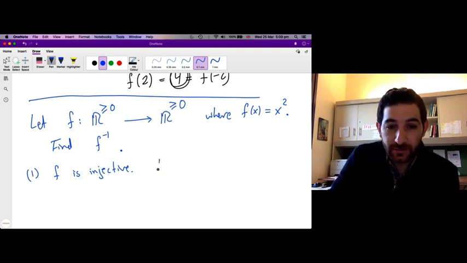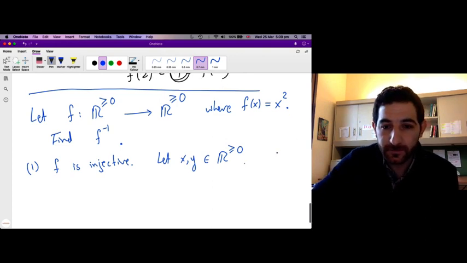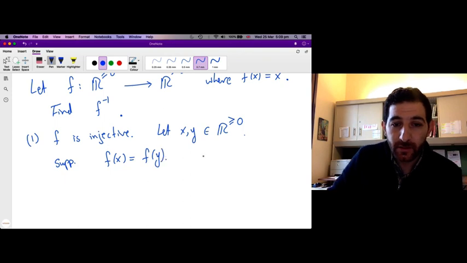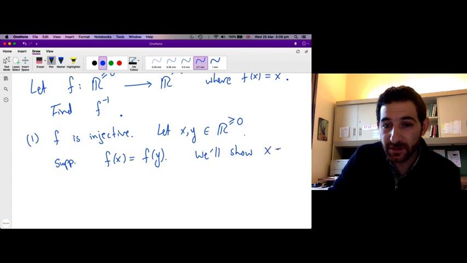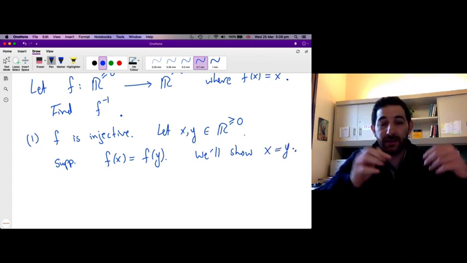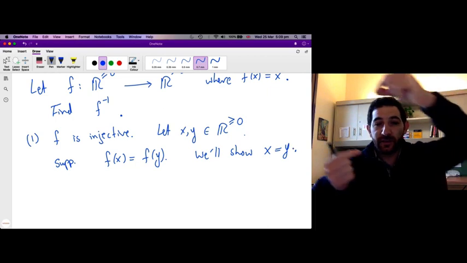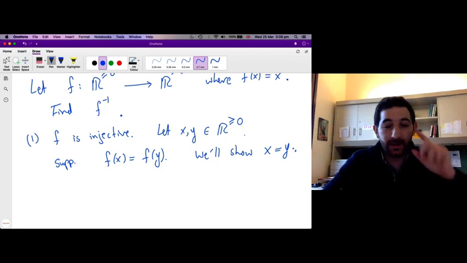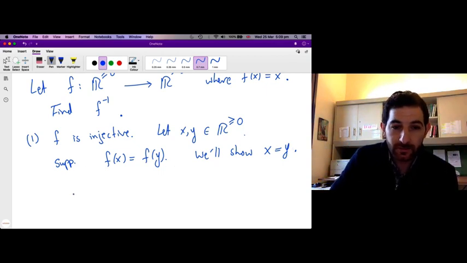Let x and y be two elements in the domain, and suppose that they have the same image. Suppose that f of x is equal to f of y. We will show that x must be equal to y. This is the meaning of injectivity. Either when you choose different elements, they have different images, or the contrapositive, which is that if the images are equal, the elements must be equal.